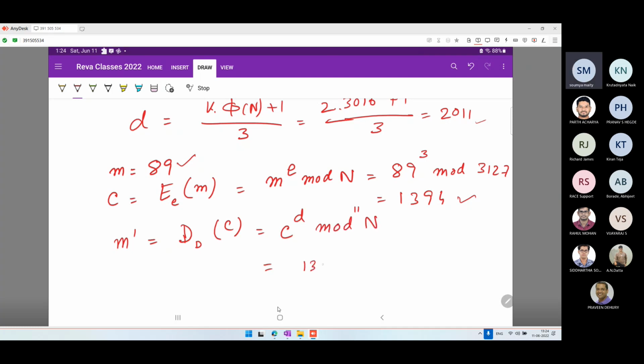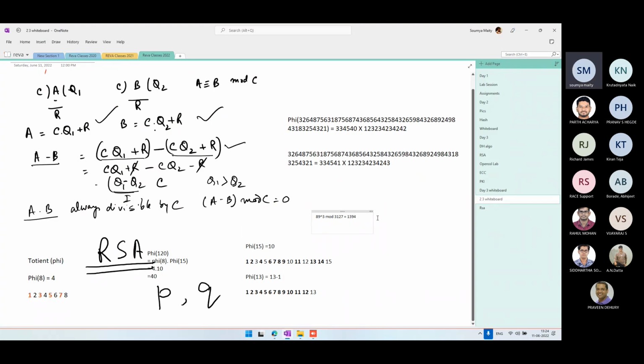That means 1394 power 2011 mod 3127. Let's see. I don't know whether this time it will work or a hand will come out of the screen and slap me.